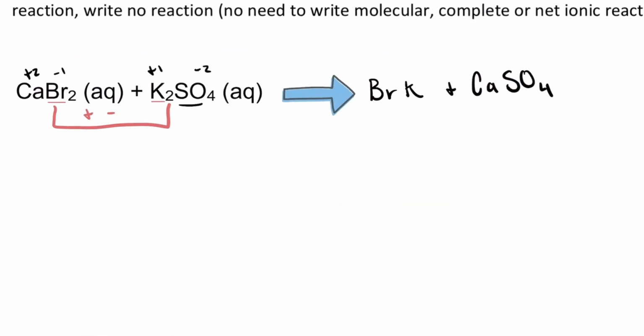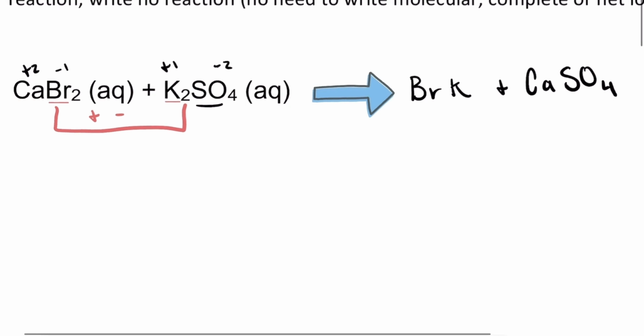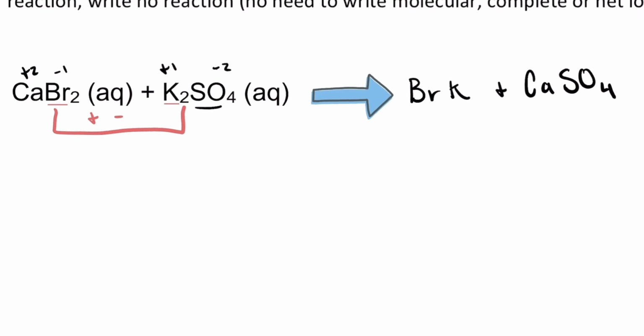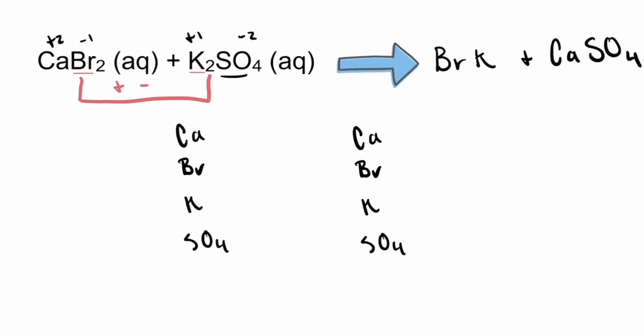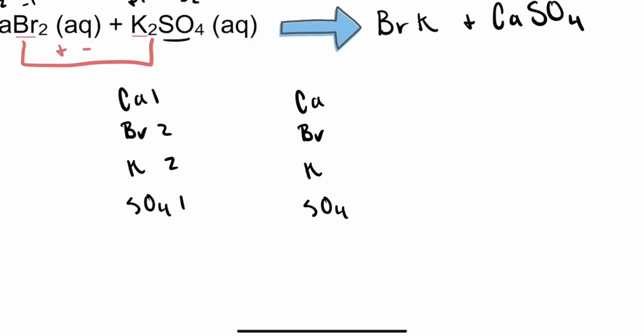All right. Now that we have our products predicted, we can go ahead and balance out our equation. On this side, we have 1 calcium, 2 bromine, 2 potassium, and 1 sulfate. And on this side, we have 1 bromine, 1 potassium, 1 calcium, and 1 sulfate.